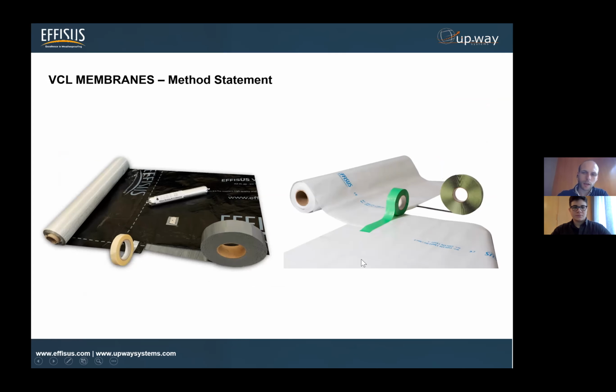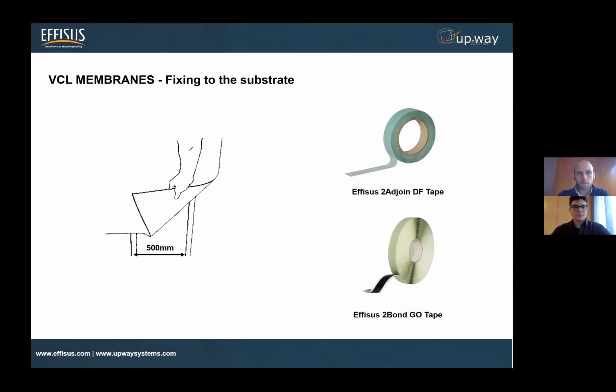Of course, one polyethylene based, so pretty much combustible, and our fire rated system, Class A2S1D0, as we were just talking about. And here we can see some details or drawings showing how we can install the VCL.